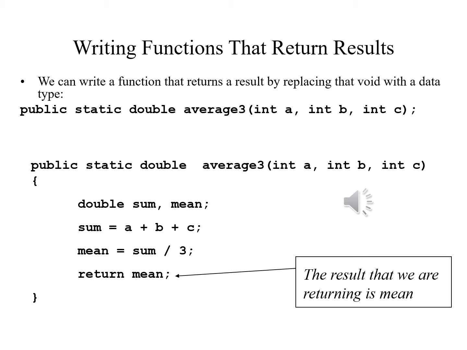In the method, I have double sum, mean. I now write sum equals a plus b plus c. Then mean equals sum divided by 3, and return mean. Mean is the value that will be sent back to the main program.